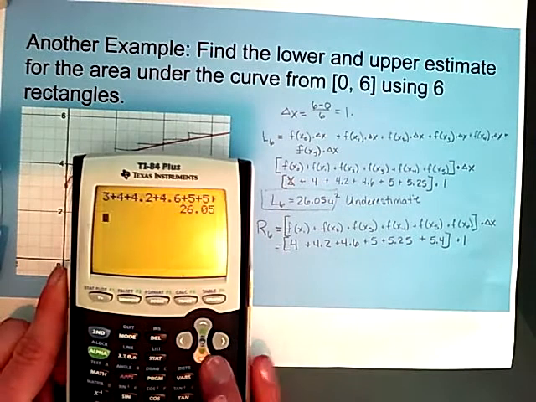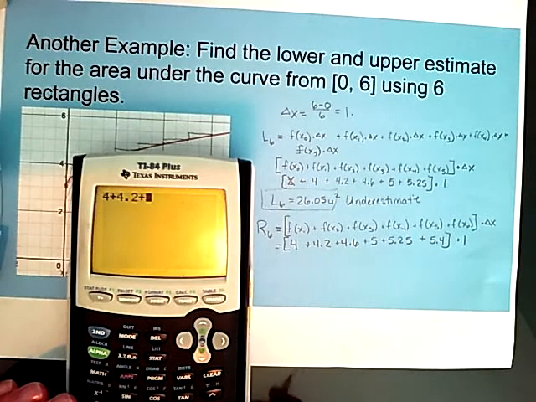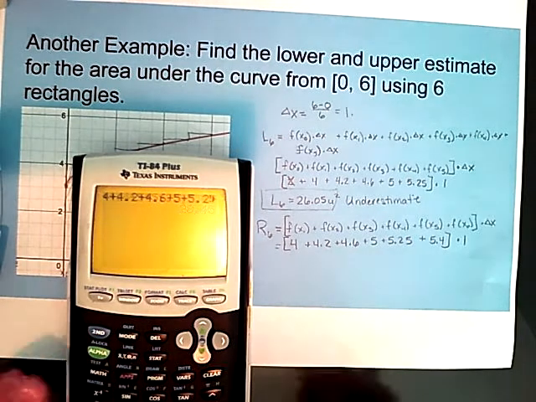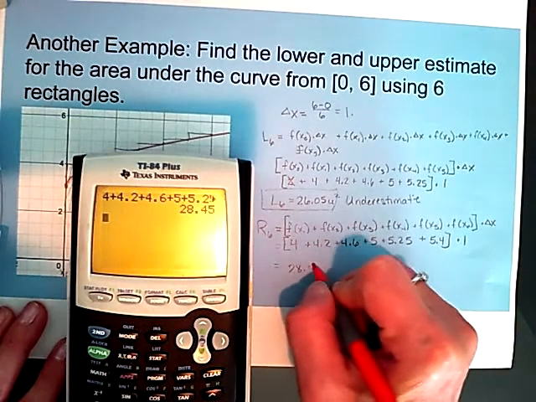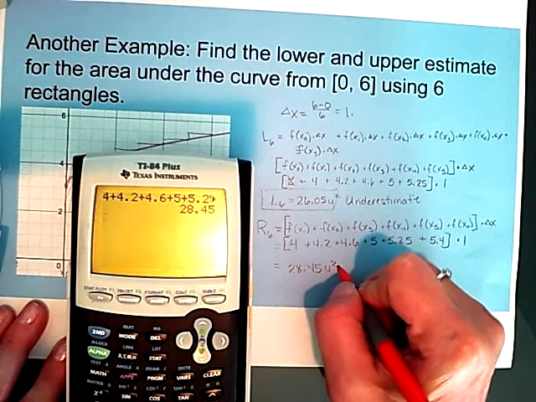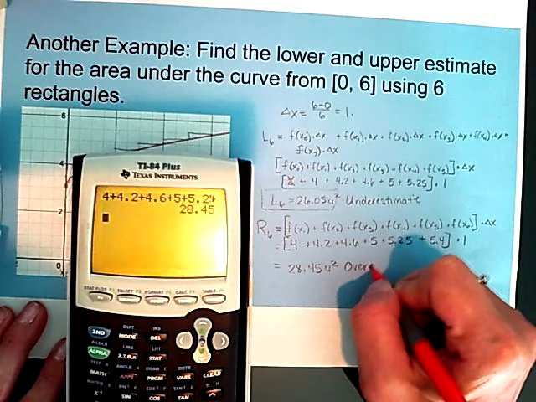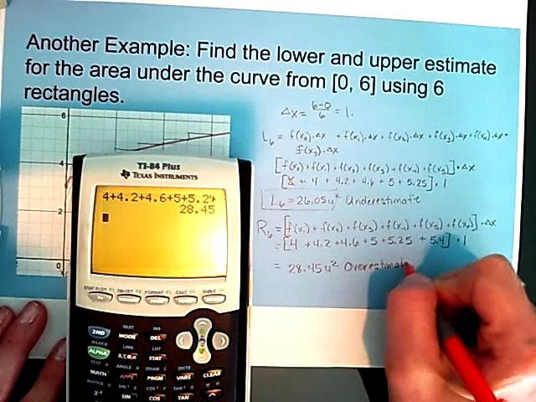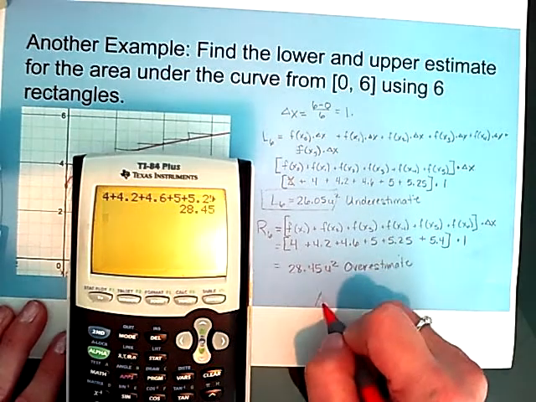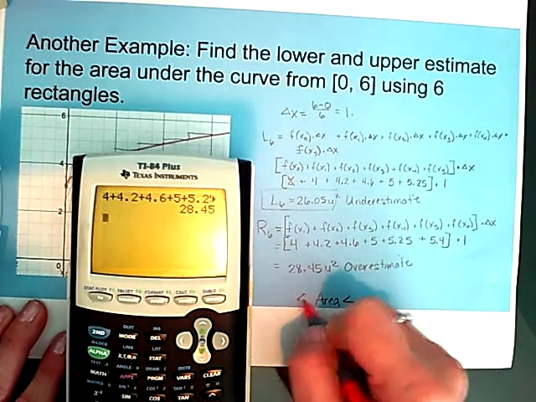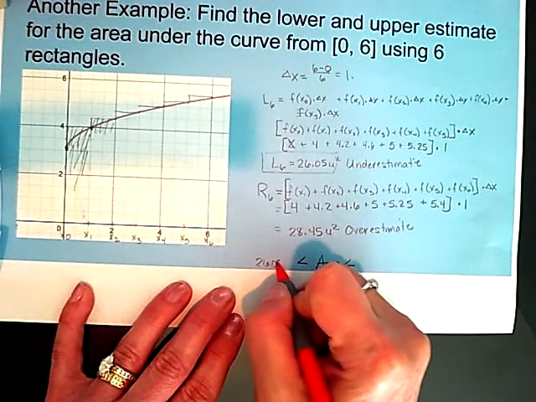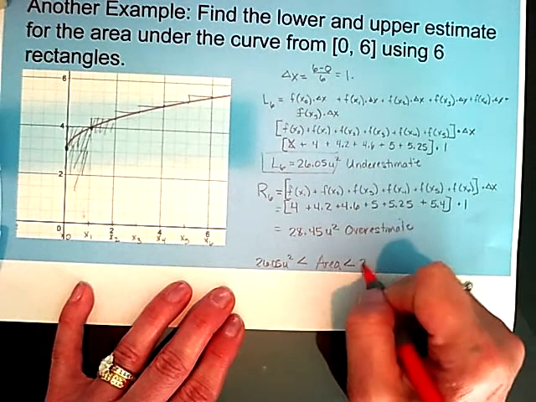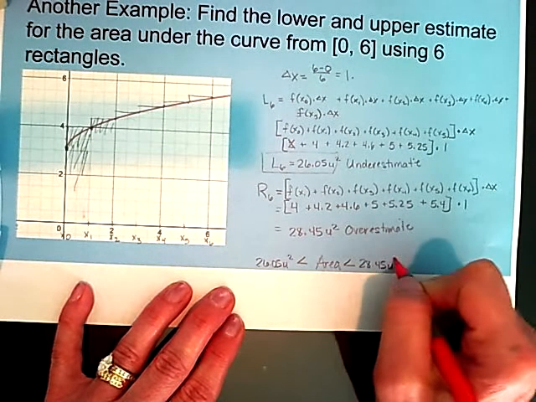So calculate this again. And I get that my overestimate is 28.45 square units. That's my overestimate. And that's going to take my area and bring it somewhere between 26.05 and 28.45 square units.